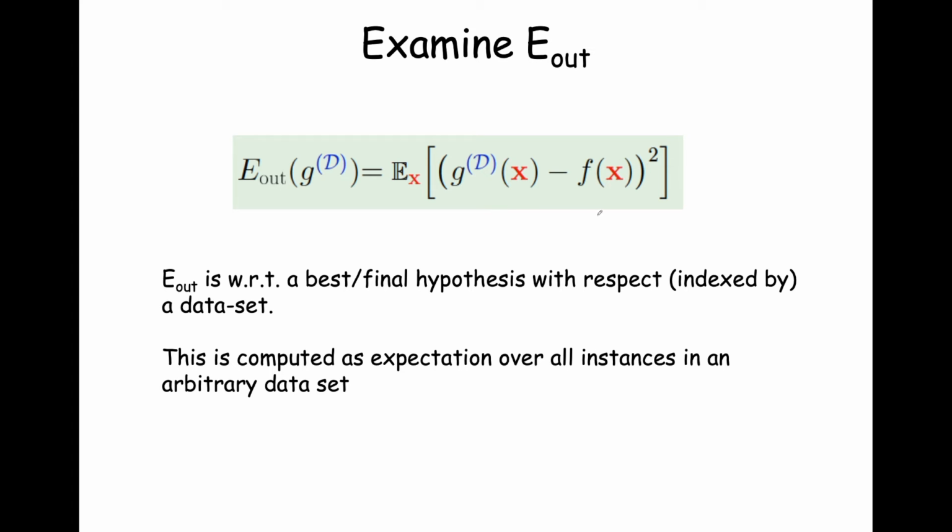And so this is a variance in the traditional sense. So the E out is with respect to the final best hypothesis, and we're going to index this by a data set. This is computed as an expectation over all instances in an arbitrary data set, and you can make the assumption that all the data sets are the same size.